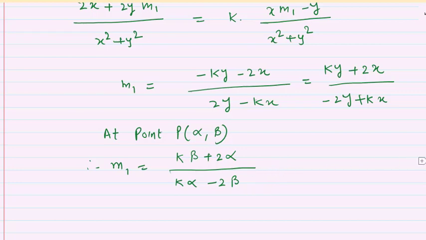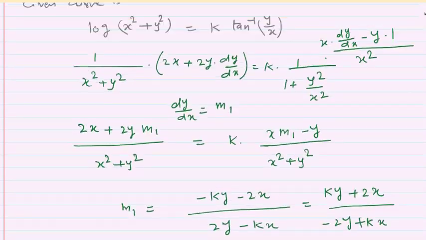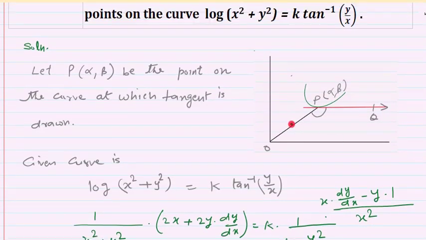Now we need to calculate the slope of line OP as well. Let us come to the figure again. We know very well that the coordinates of O, that is origin, are 0, 0, and the coordinates of P we have considered as alpha beta.